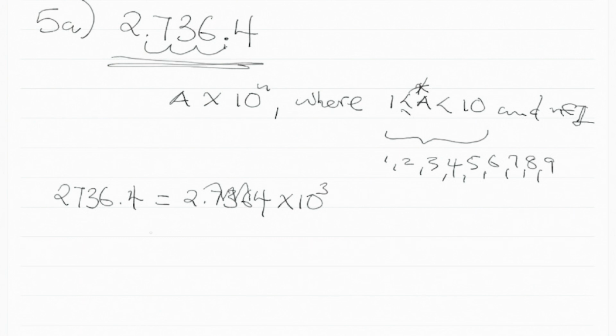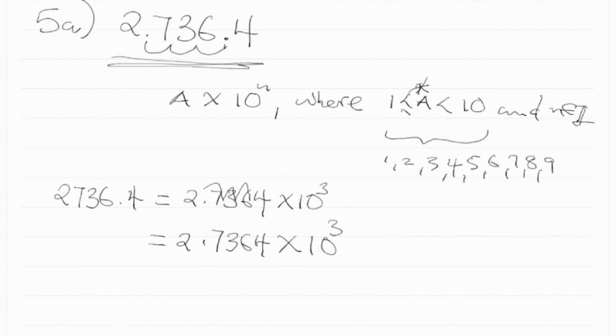Therefore, 2736.4 written in standard form is 2.7364 times 10 to the power 3. That is in standard form.